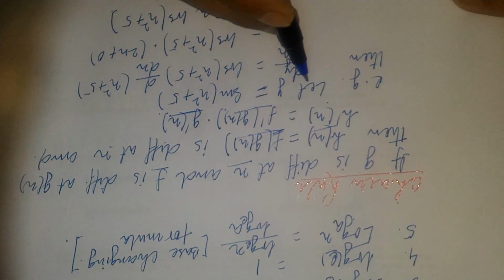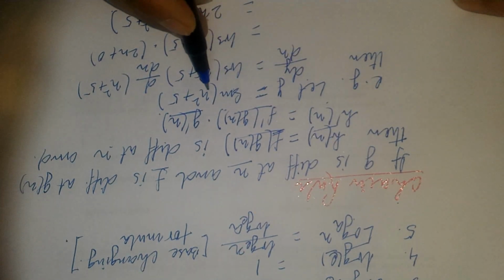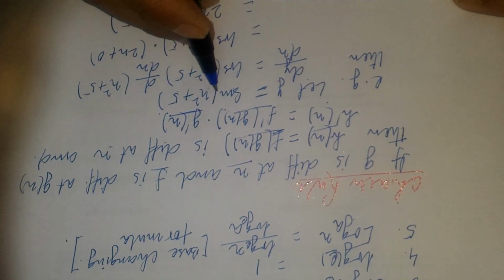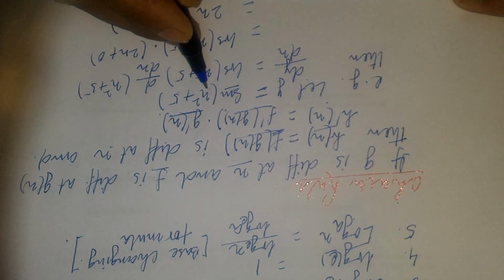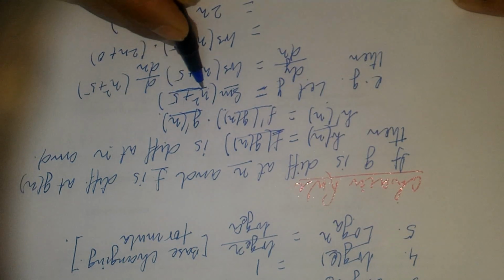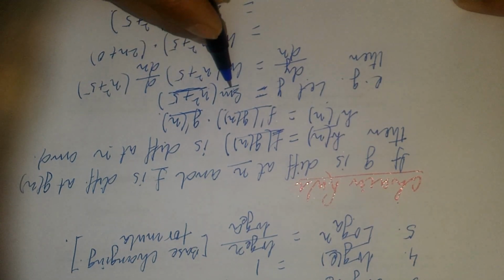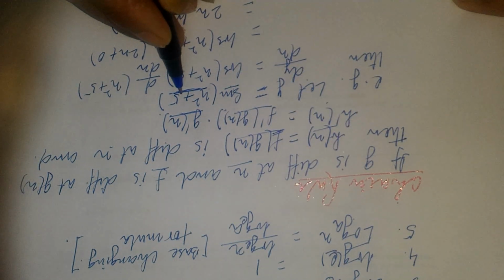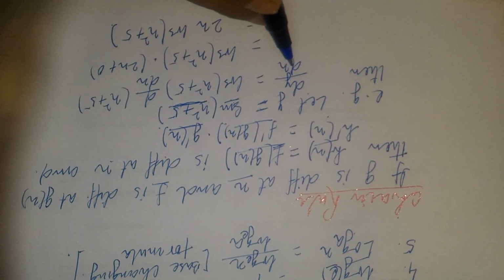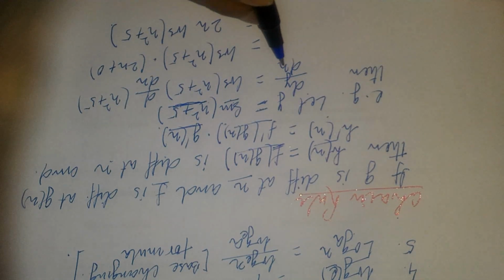For example, let y is equal to sine of x square plus 5. We have two functions. One is the sine function and the other is the polynomial function x square plus 5. Here the outer function is sine, and the inner function is x square plus 5. Now we want to find the derivative of this function.